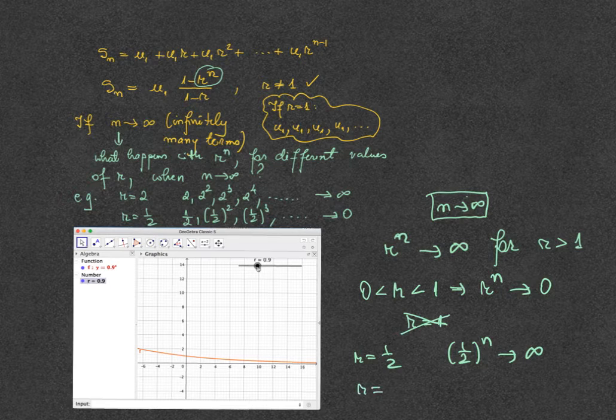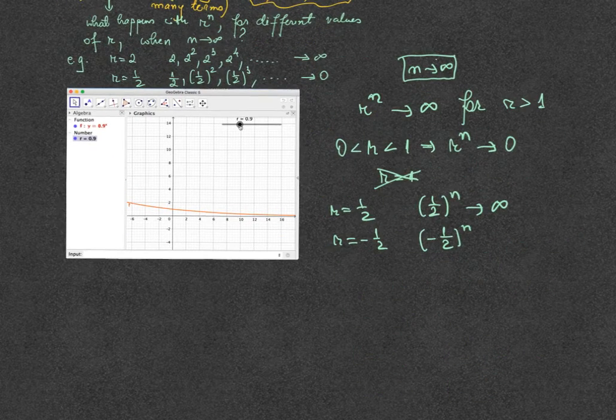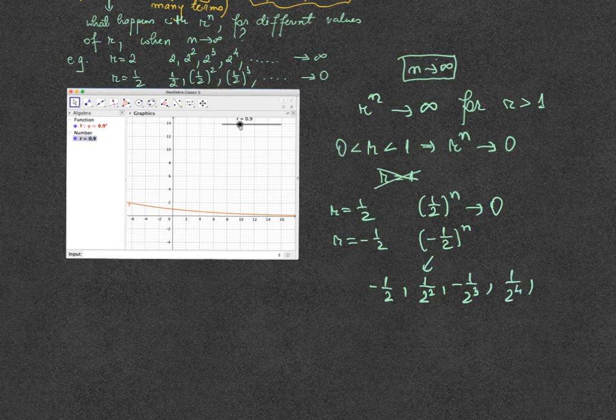What happens if r is negative 1 over 2? What happens to negative 1 over 2 to the power of n? Let's give n values. So for n equals 1 it is going to be minus 1 over 2. And then it's going to be 1 over 2 squared, minus 1 over 2 cubed, 1 over 2 to the power of 4, minus 1 over 2 to the power of 5, and so on with alternating signs.